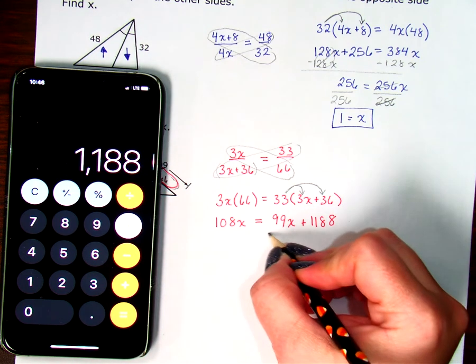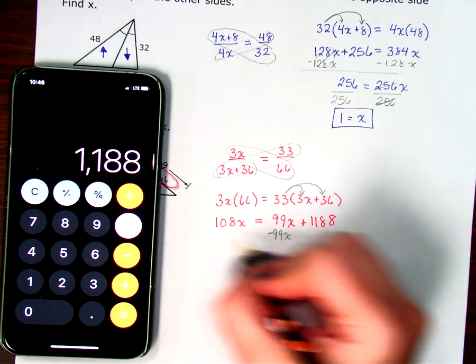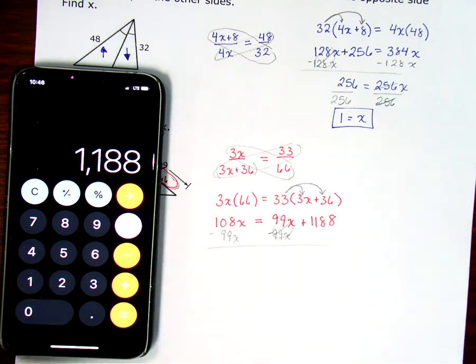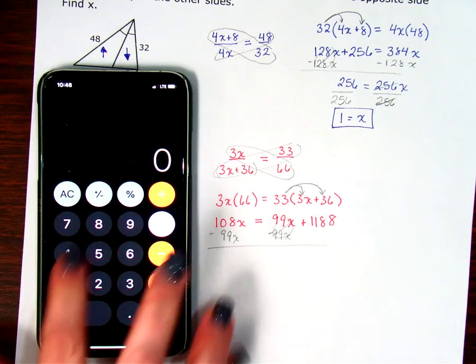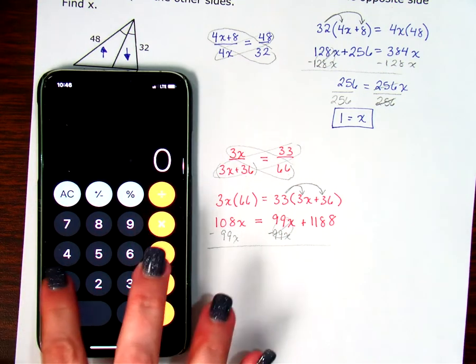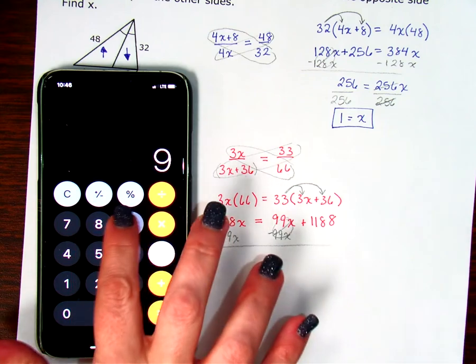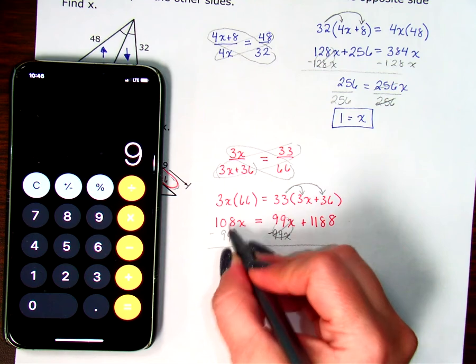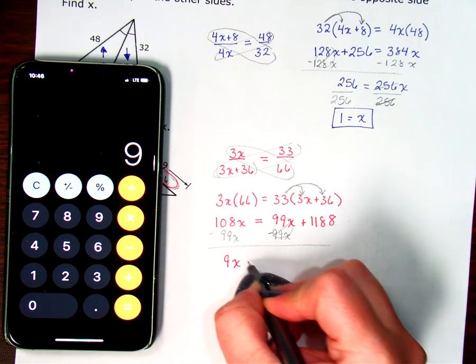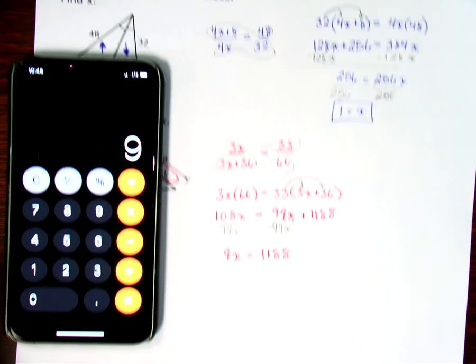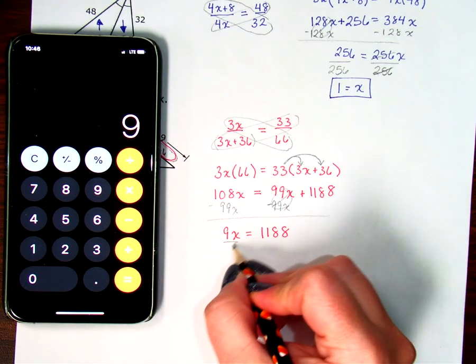The smaller x is the 99x, so I'm going to move that one. 108 minus 99 is 9. So 9x equals 1,188. Divide both sides by 9.